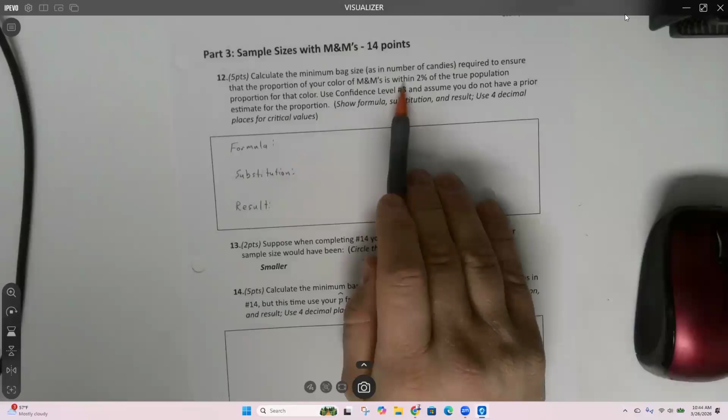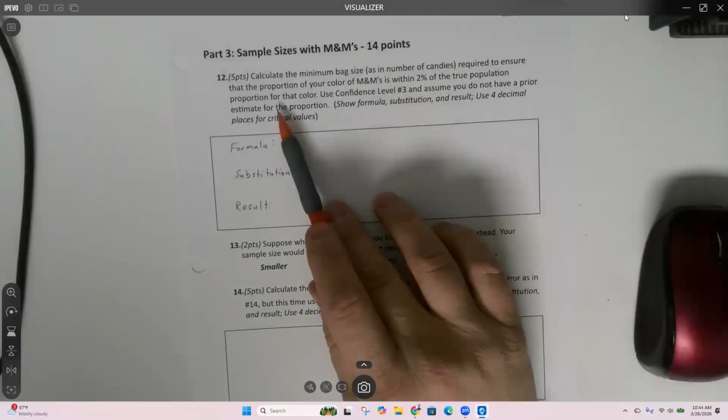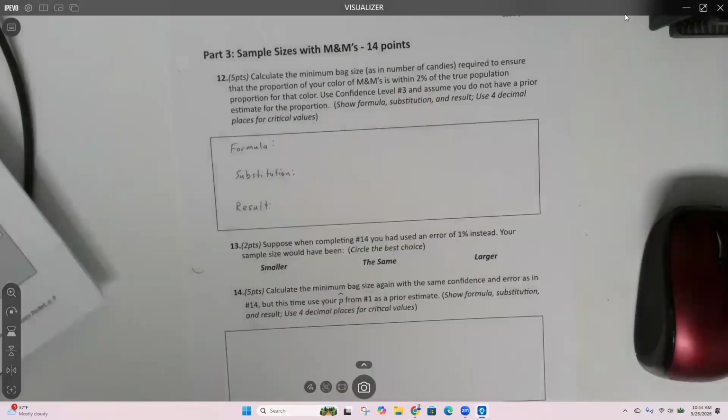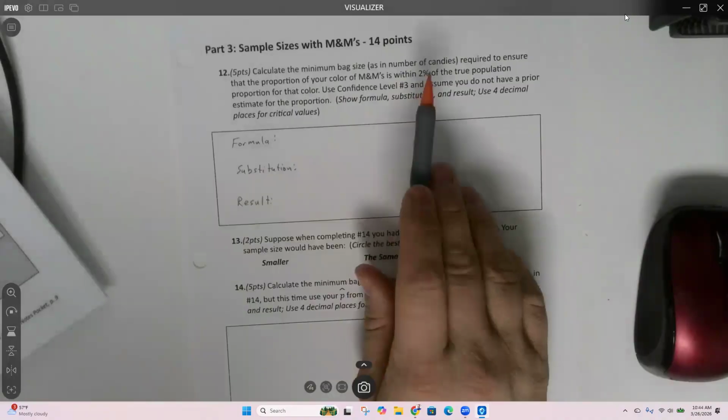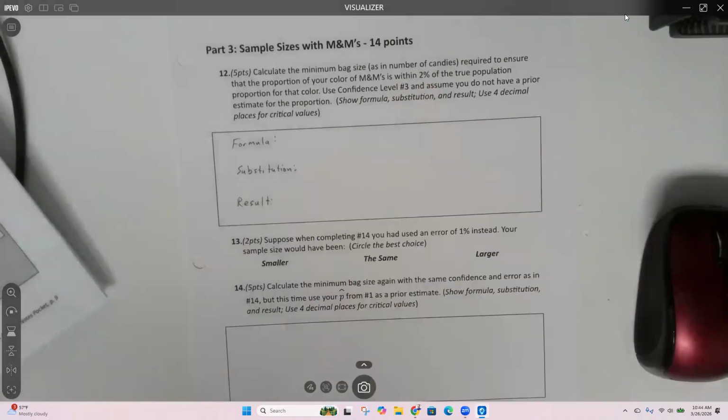So within 2% of the true population proportion means I want to be much closer. I know that my sample is not going to be perfect because it's random, but it's going to be close to the true value. How close? Well, I want to be within 2%. I was not within 2% on this last one.